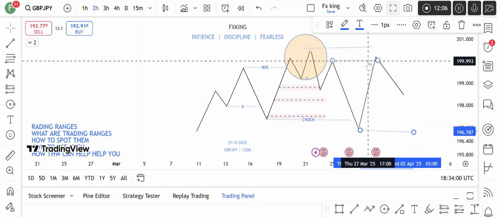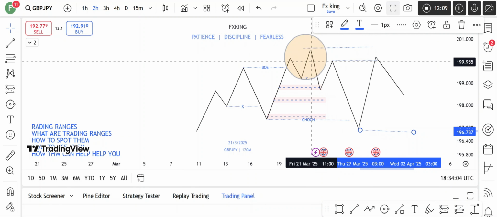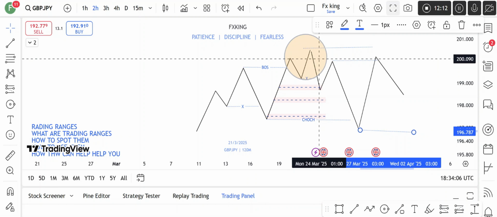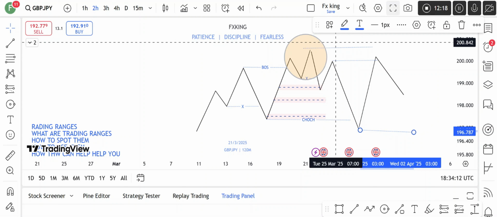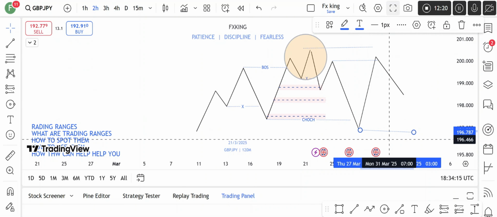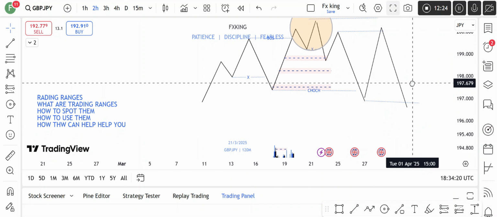You can even afford to make a mistake here. Let's say you have two POIs above here, you miss this one, or you buy off the middle one, then you can put your stop loss a little bit further above this one to target this. Your risk to reward will be great, unless you want a sniper.